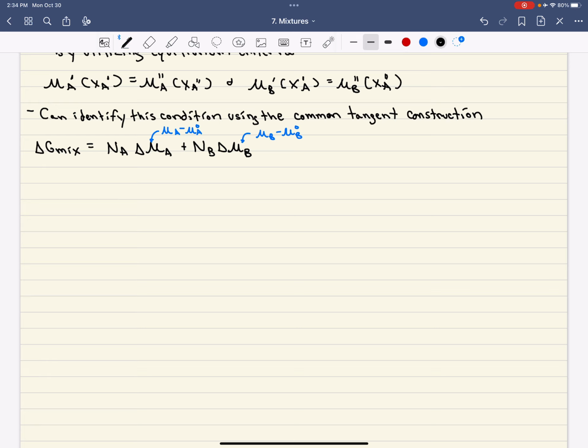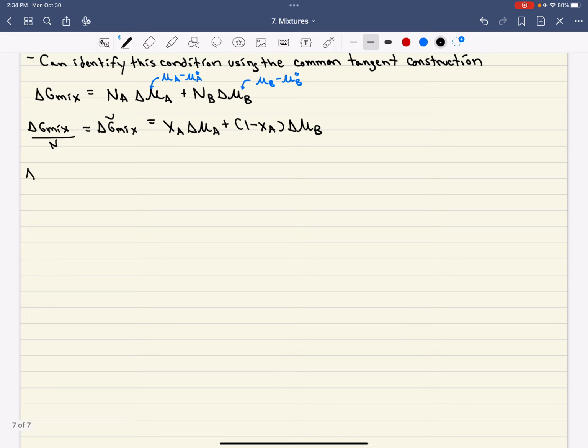Alright, if we divide delta G mix by the total number of molecules in the system, that's the molar delta G mix. And so what we get is that we have XA times delta mu A plus 1 minus XA times delta mu B, where XA is just NA divided by N. Okay. Alright, now that we have this expression, we could rearrange it like this and distribute across the XA term and then factor it out.